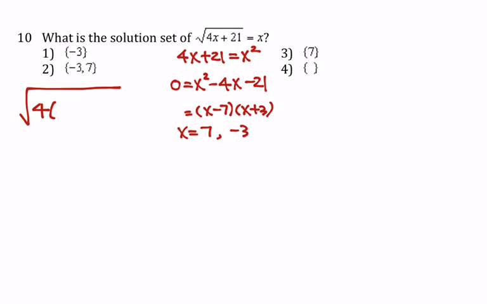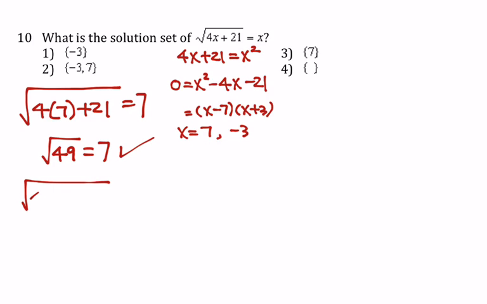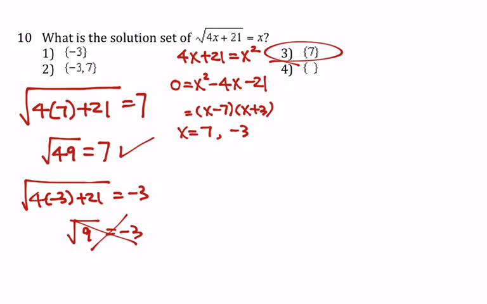But we gotta check. So as you check, we get to see that 7 works. And then negative 3 on the other hand didn't work. So therefore our answer is choice 3, 7 alone.